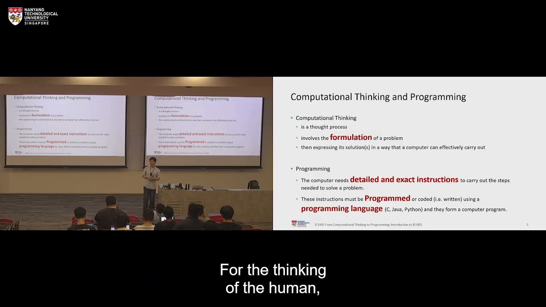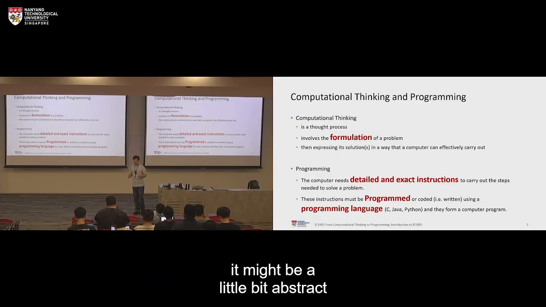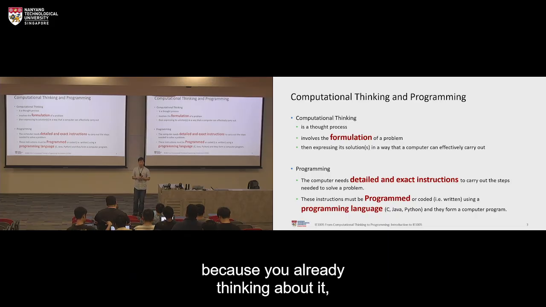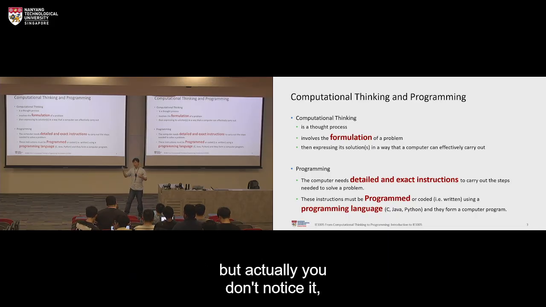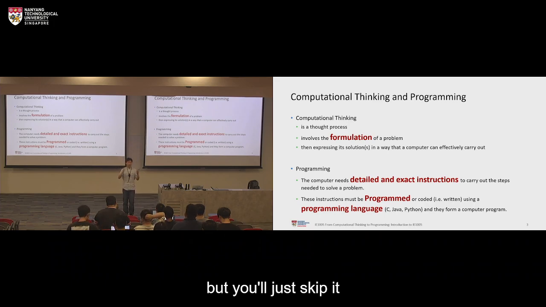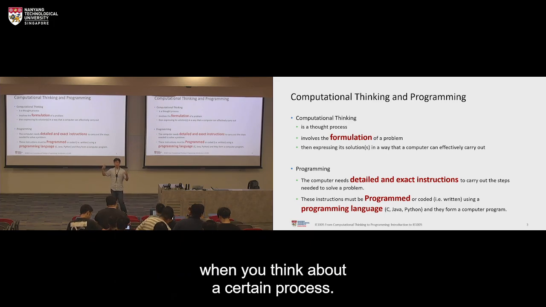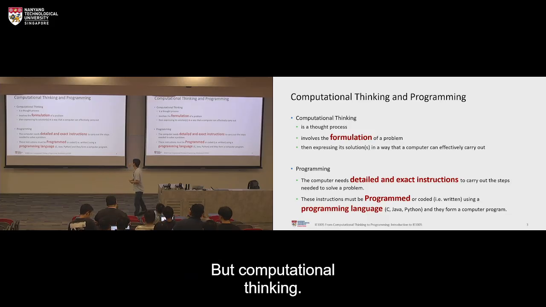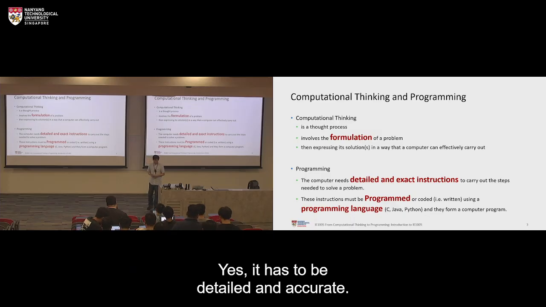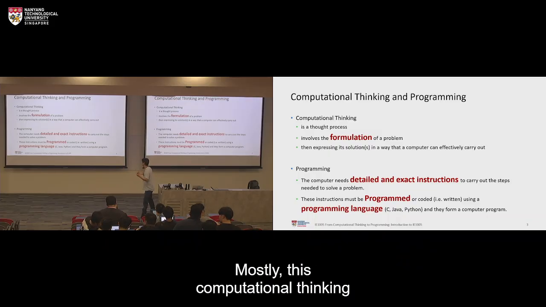It might be a little bit different. Human thinking might be a little bit abstract because you're already thinking about it, but you don't notice it, and you just skip it when you think about a certain process. But computational thinking, yes, has to be detailed and accurate.